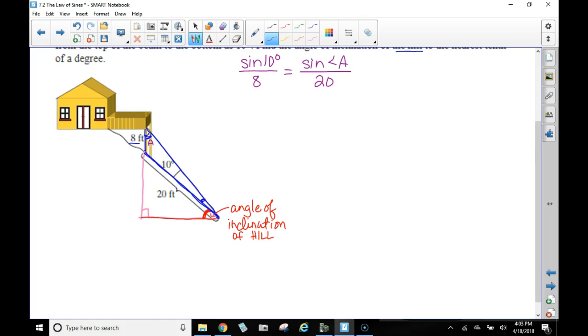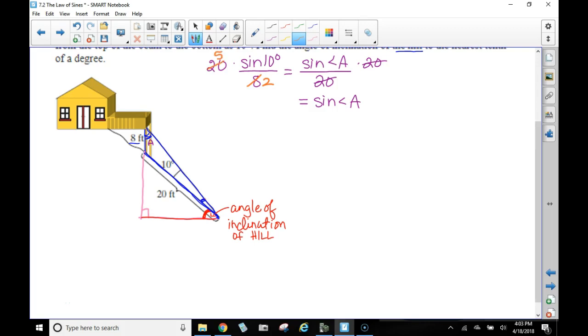Now, when we multiply both sides by 20 to clear out our fractions, we're going to have the sine of angle A. I would like to go ahead and reduce by 4. 4 will go into 8 two times, and 4 will go into 20 five times.